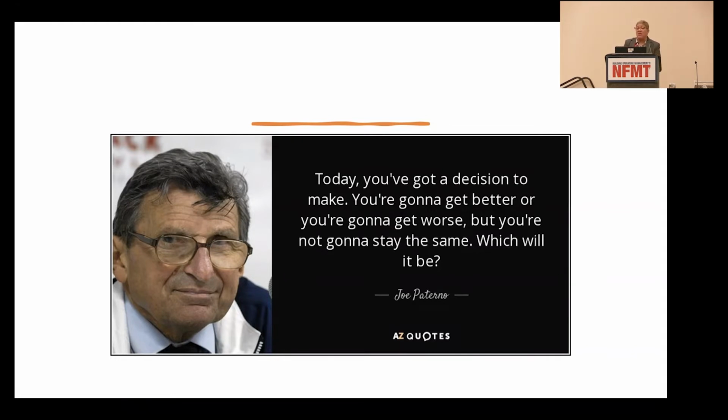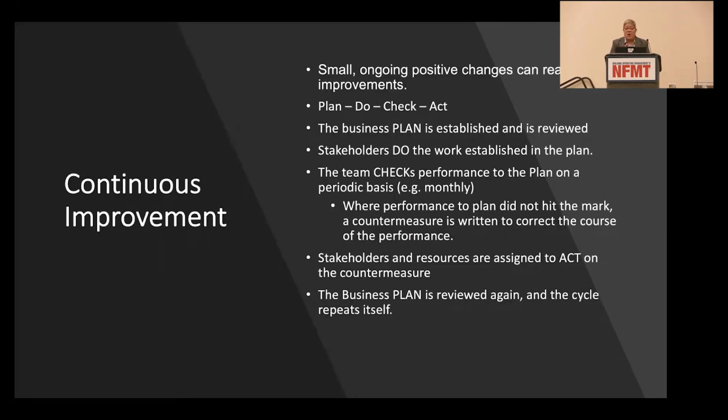So now we talk about continuous improvement. It's small, ongoing, positive changes that can reap major improvements. And when we think about that, we want to plan, we want to do, and then we want to check and act on it. The business plan is established and is reviewed with the team. The stakeholders go out and do the work.